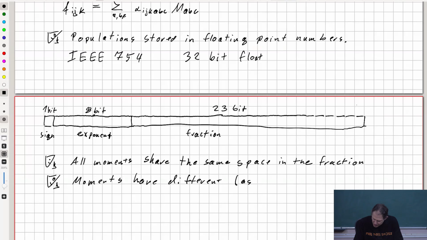So they have different asymptotic scales. I mean, this is also true for the Navier-Stokes equation. The variation in pressure is asymptotically smaller than the variation in velocity, right?